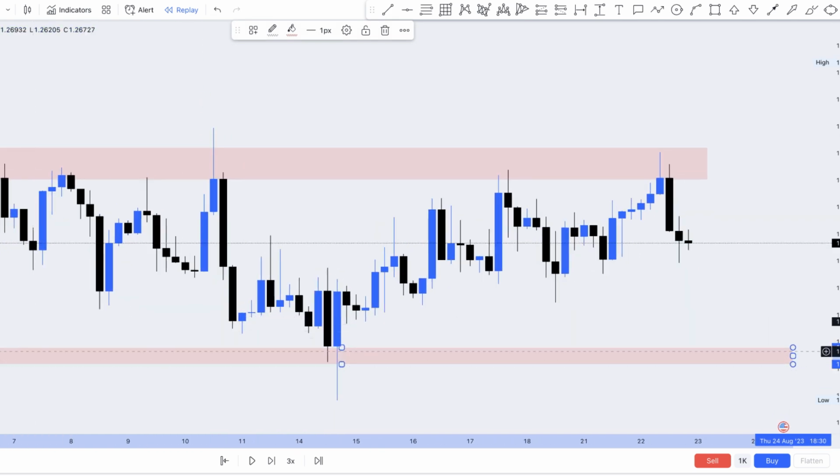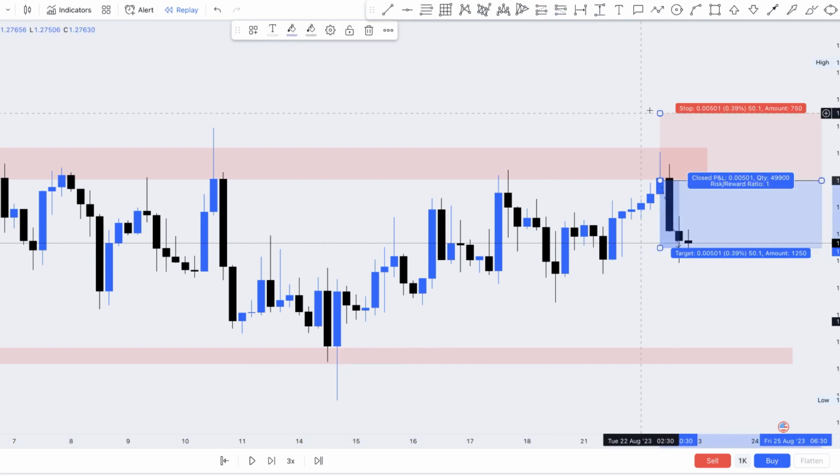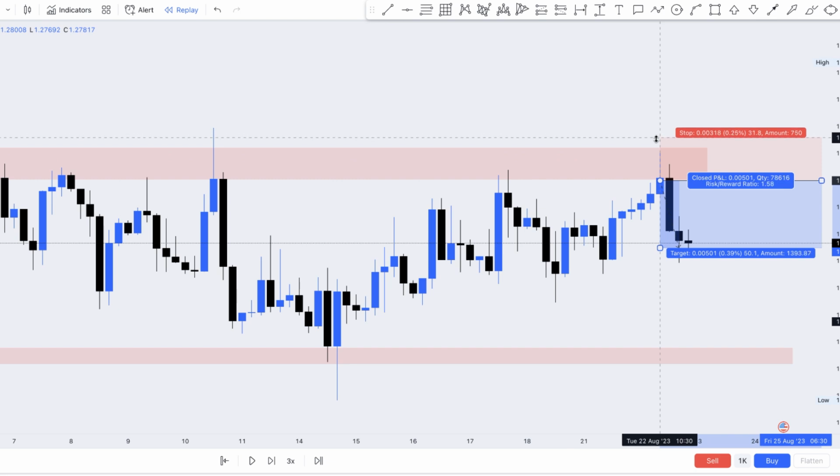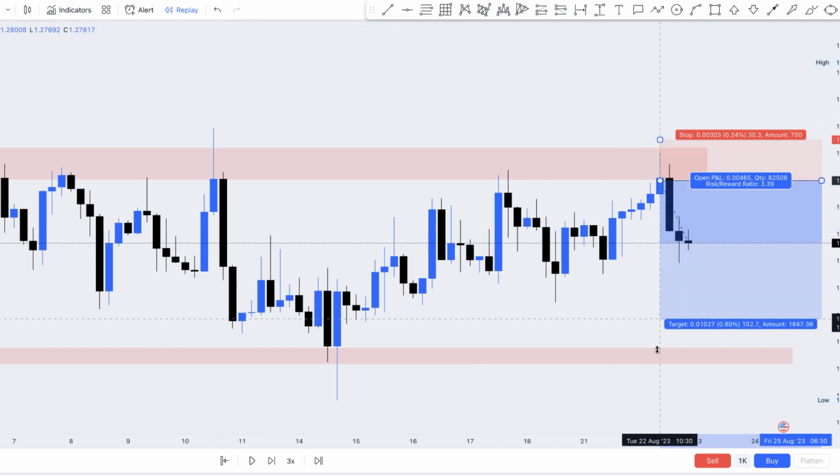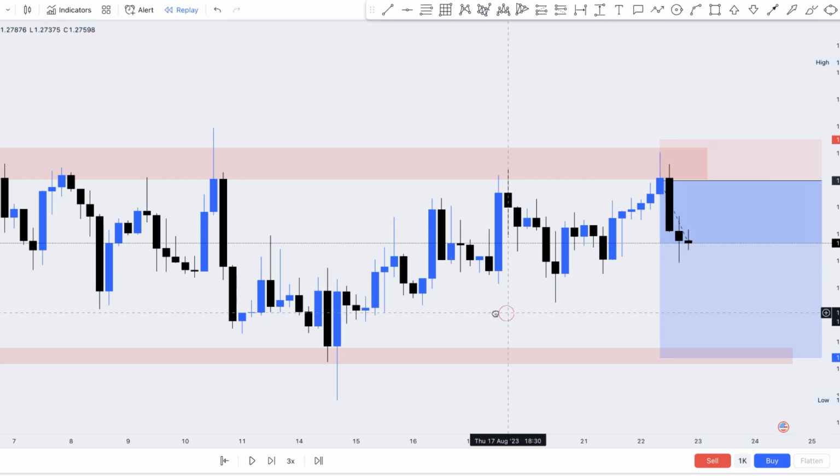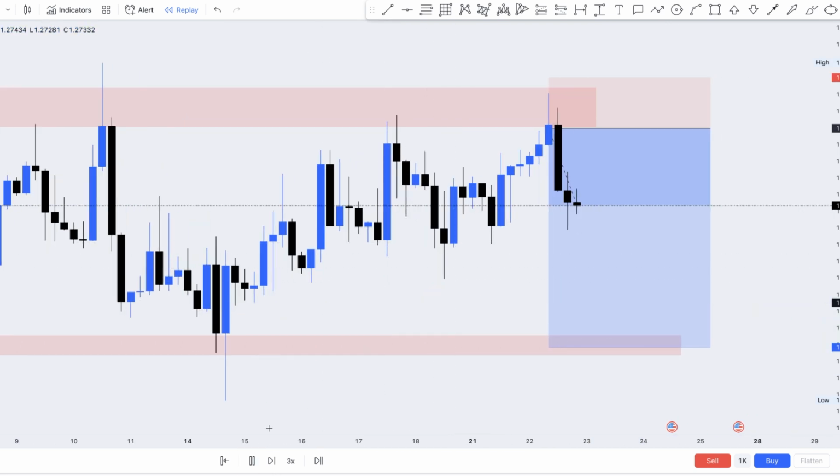Since price is also rejecting this point, price can possibly get here and get rejected. So once I enter, my stop loss is a little above the previous high, or a little above the key level, then my take profit will be at the nearest key level.